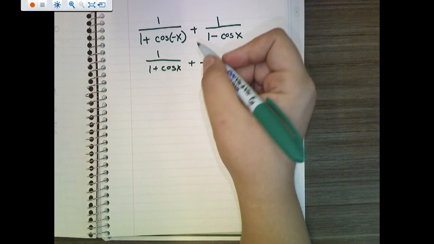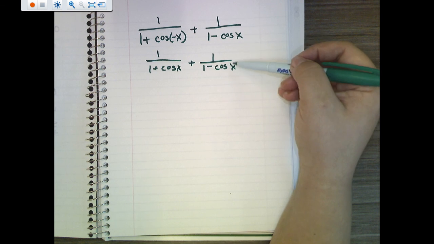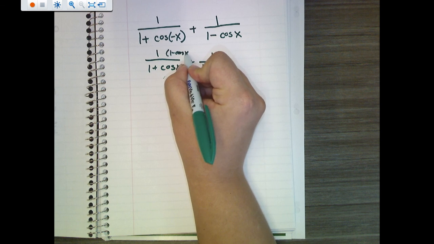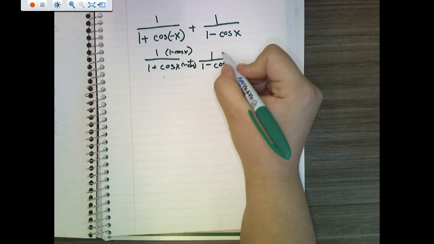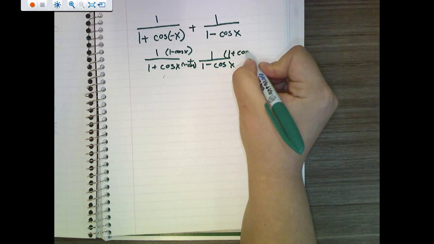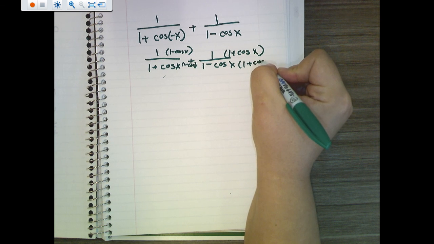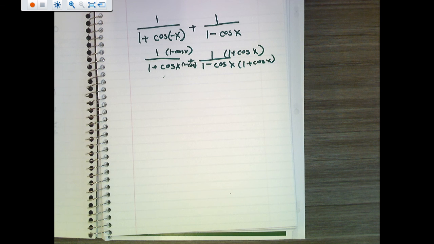So this one needs the 1 minus cosine. This one over here needs 1 plus cosine. 1 minus cosine, 1 plus cosine x. Make sure that your cosines always have the x's or whatever thing is in there with it.